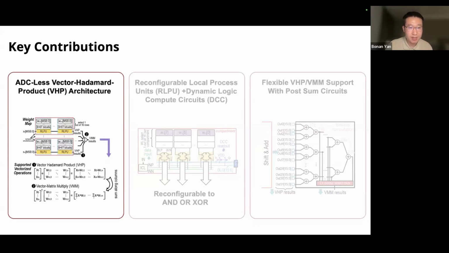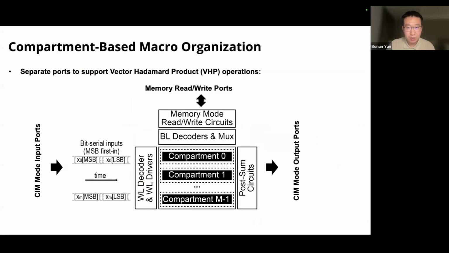We call it ADC-less vector Hadamard product architecture. A Hadamard product operation means that we do the vector matrix multiplication element by element, and after we have done the element-wise multiplication, we sum it up afterwards. So basically, we split the VMM into two steps.